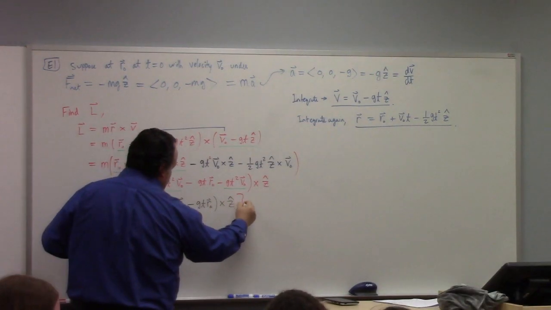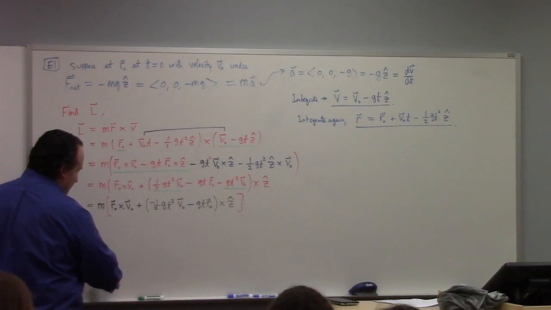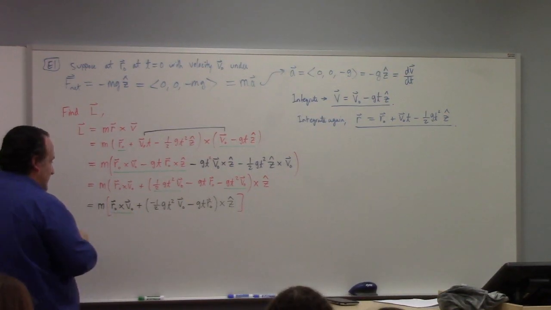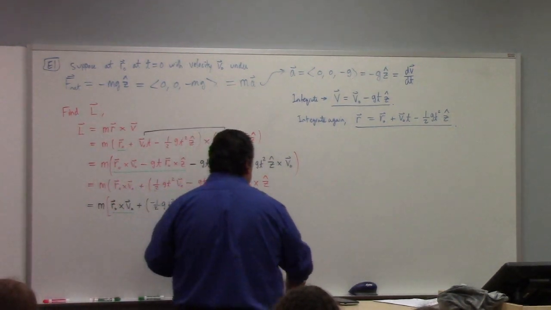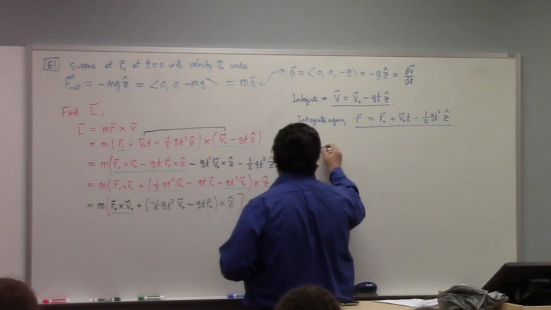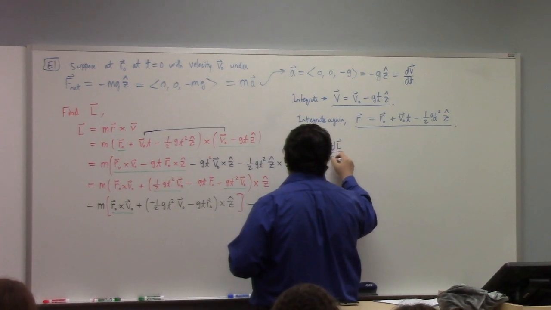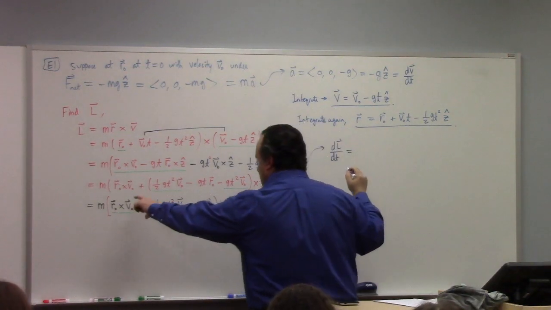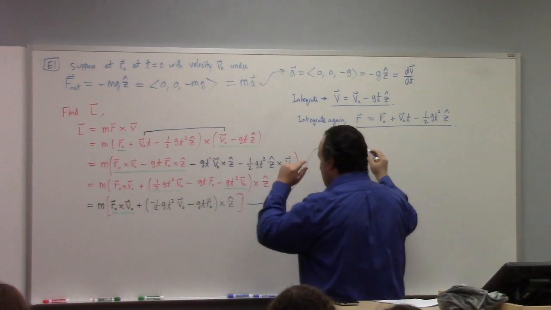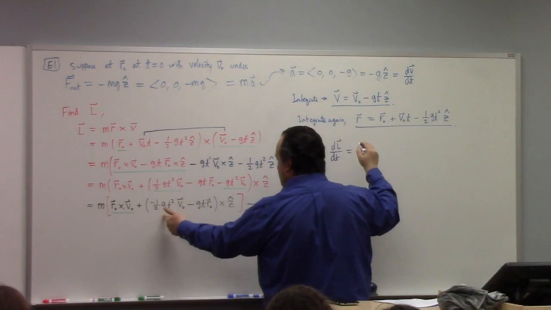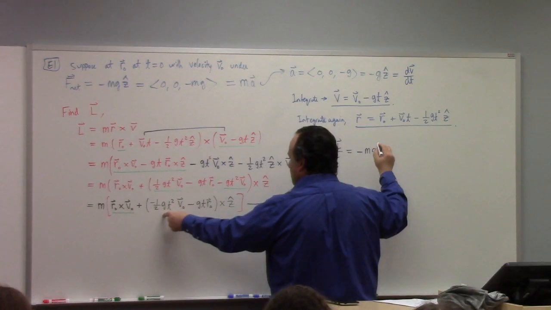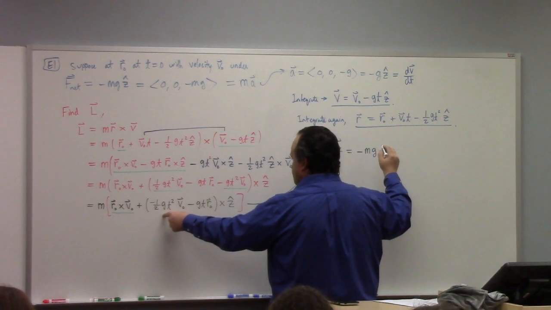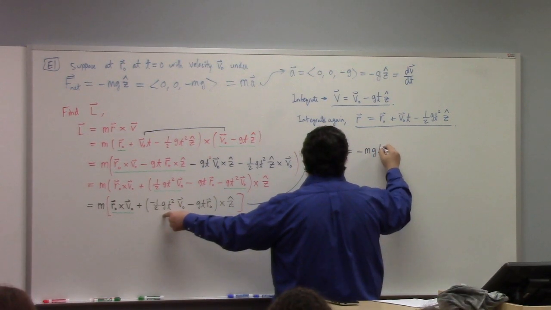Now notice that the initial term here is just a constant, right? This is just a constant. So when we differentiate, that differentiates to 0. What's dL dt then? So this differentiates to 0, and I get this differentiates to what? Minus m g t v naught.